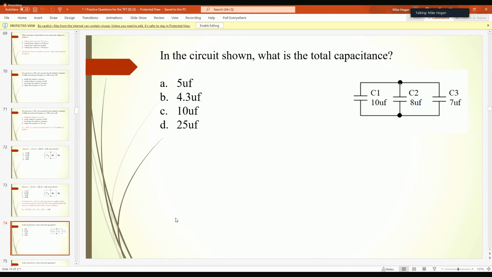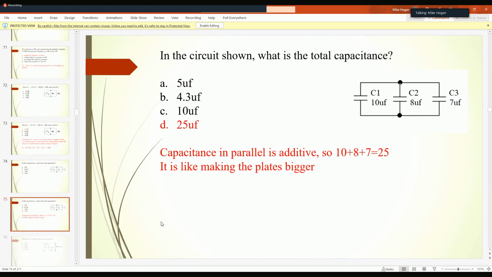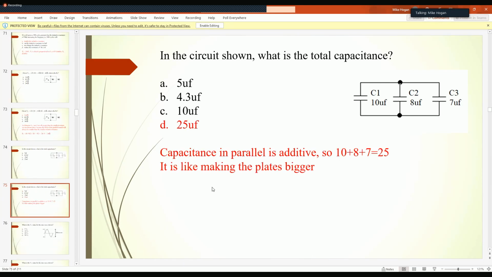When we were talking about capacitors, we looked at how we combine capacitors in parallel, and we said that when we combine them in parallel, it's like extending those plates, and that was one of the things that we said would increase the capacitance. It's like making the plates bigger. Absolutely. So 25 microfarads. Very good.